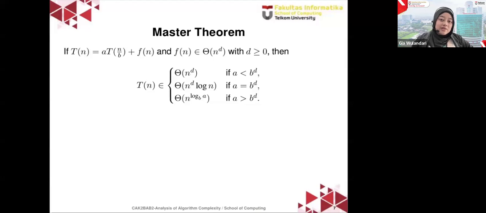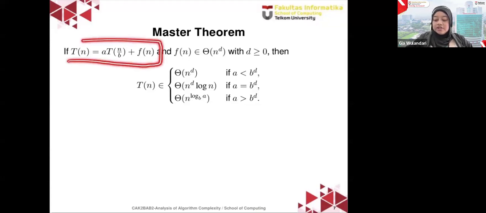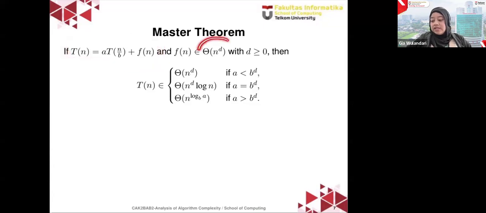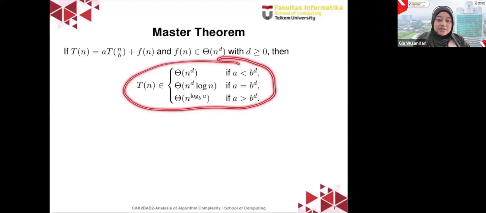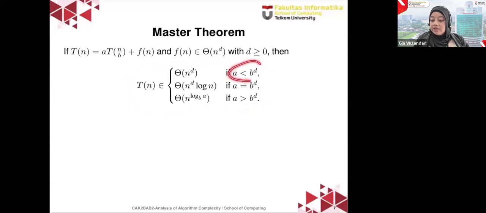There is a theorem called Master theorem that says if you have a recurrence relation in this form, so it is Tn equal to a t n over b plus some function where the function is in big theta n to d, where d is the highest rank of it.